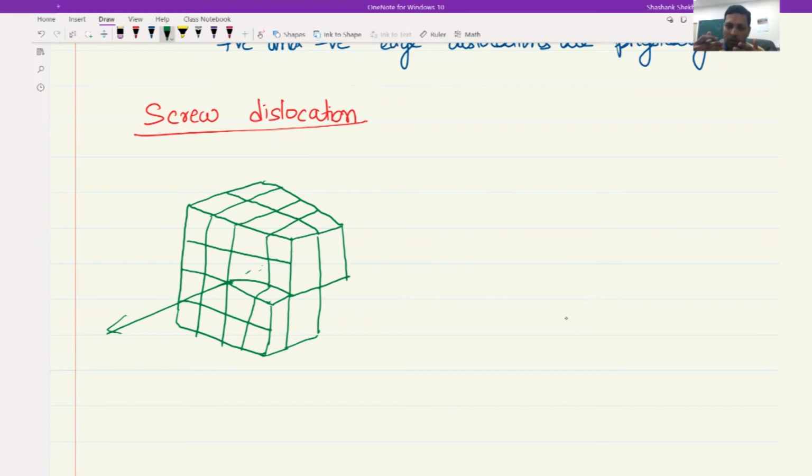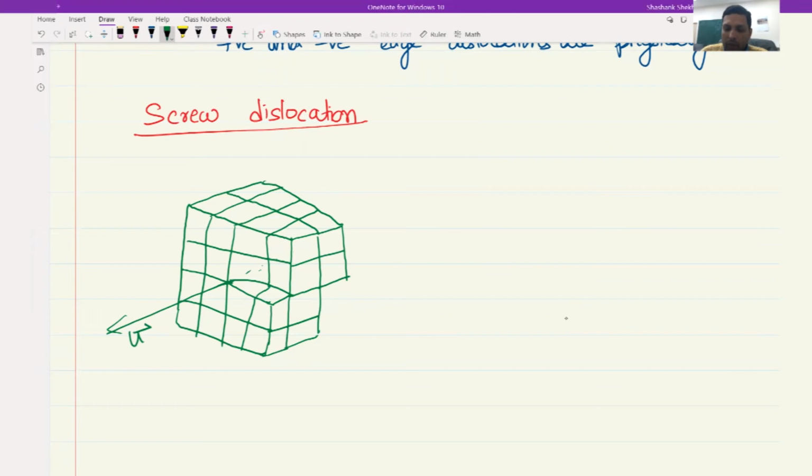Almost they would be at the same position, but they would be shifted along this direction by a small amount, and which gives it the helical form. And over here, this would become your line vector.